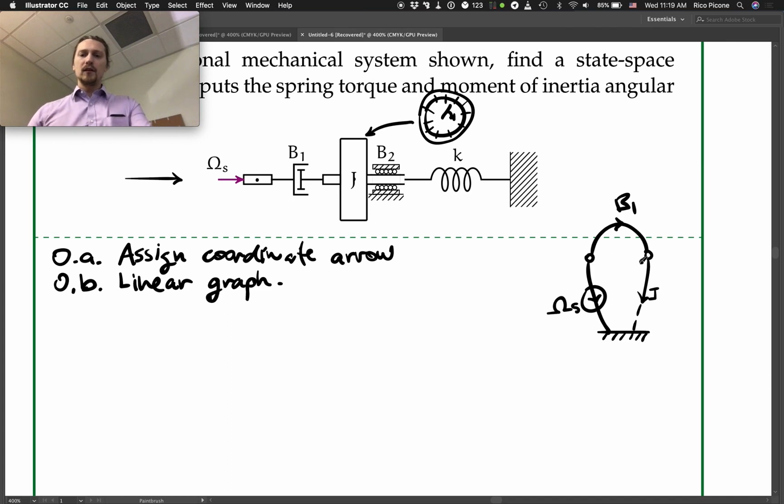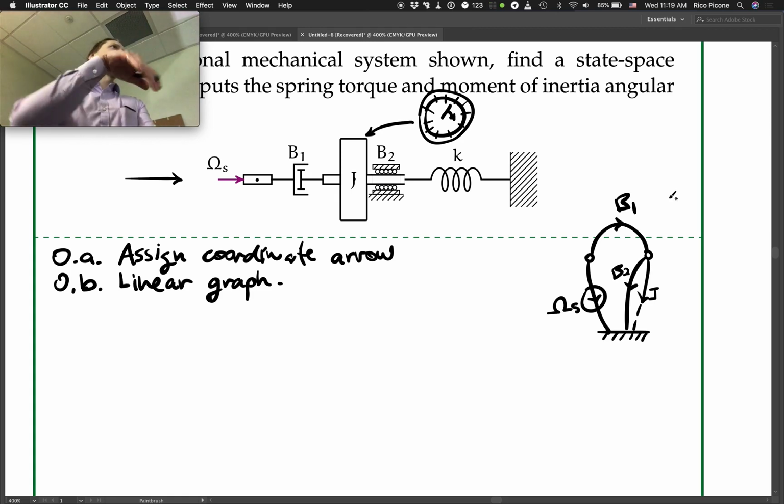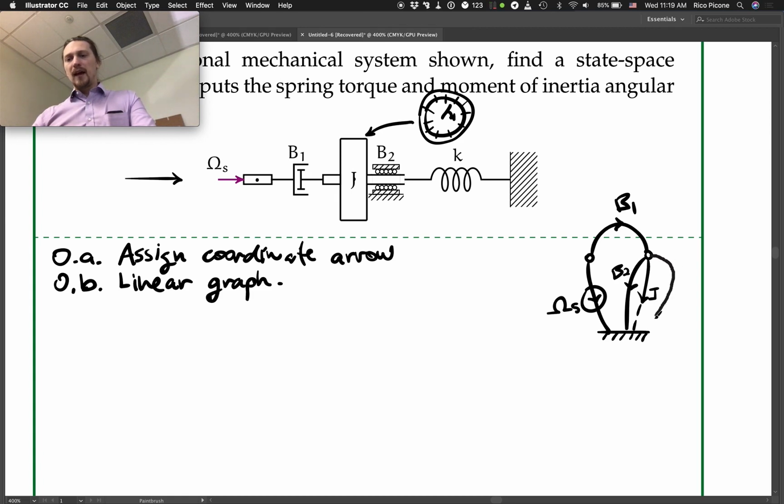So let's draw that in here, B2. And if it's connected to ground, we'll just draw it to ground, right? And finally we have K, our spring. We draw it to ground for two reasons, because it's connected to ground, and because from left to right you go from the J node to ground. So it's got two reasons to draw it that way.